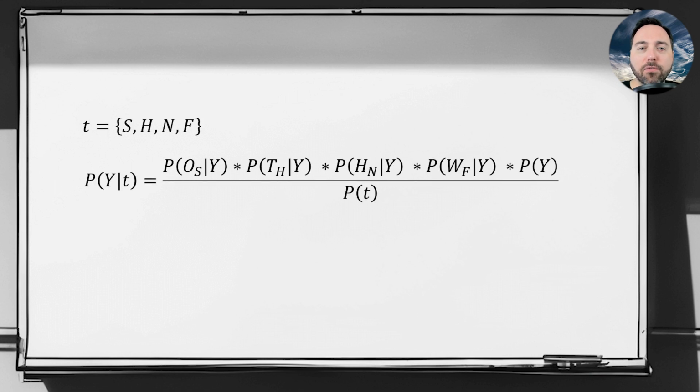We can apply this formula to calculate the probability that we go golfing given today's conditions, and the probability that we do not go golfing given today's conditions. The formula for going golfing is as follows.